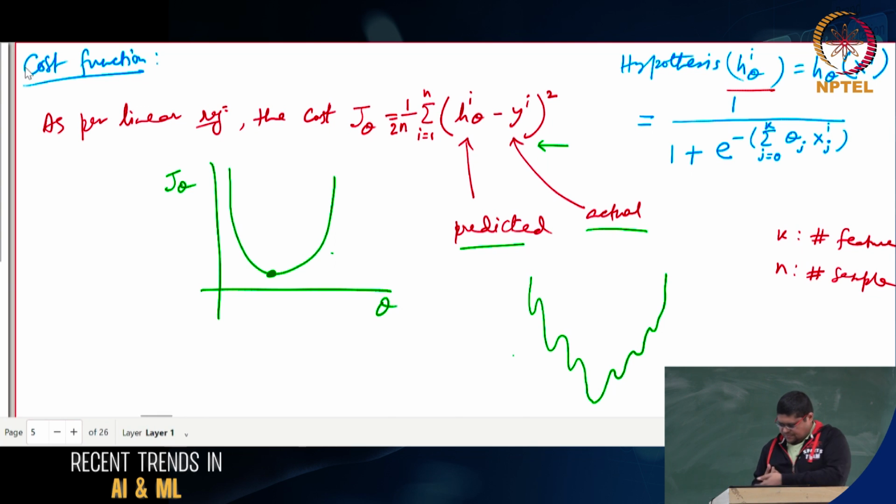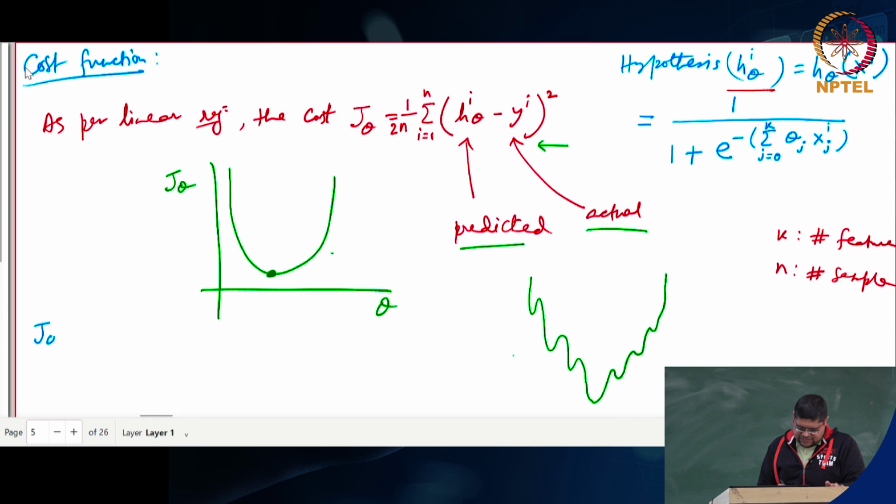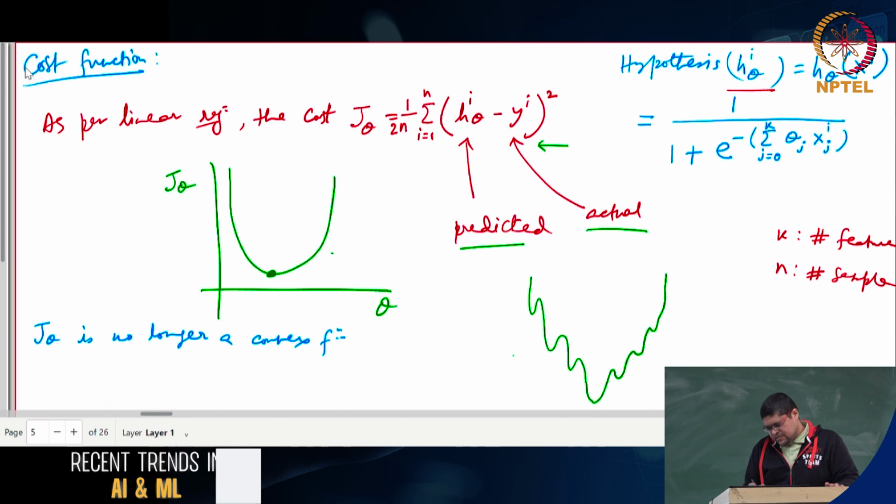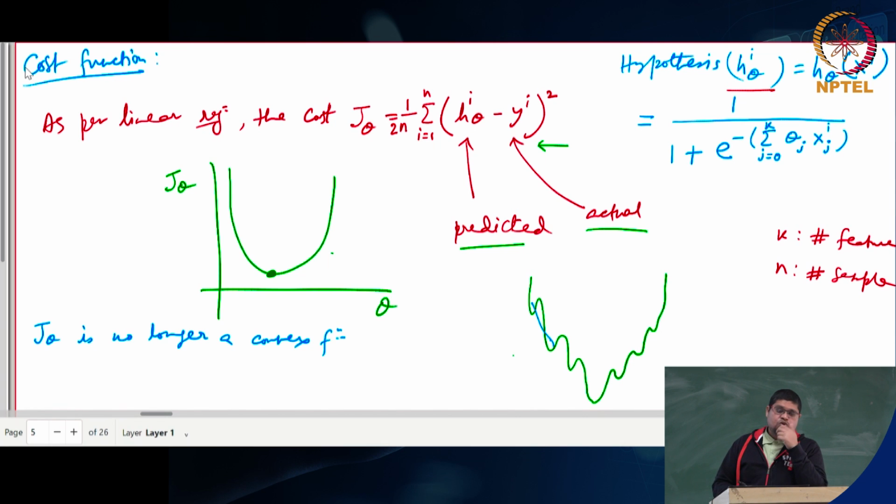So here, we're doing many things, but the problem we face is J(theta) is no longer a convex function. Why not convex? Because if I take 2 points and draw one line, this line will be outside of that curve, right? In layman's terms, you can think of this. So it is not a convex function, but we need a convex function. So we have to convert this in some way.